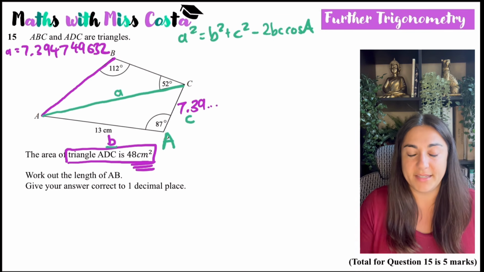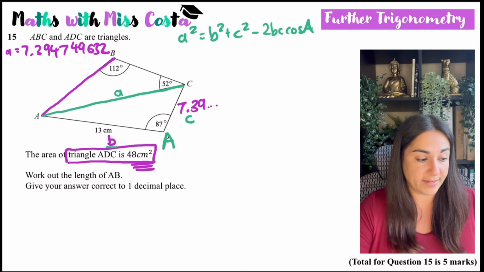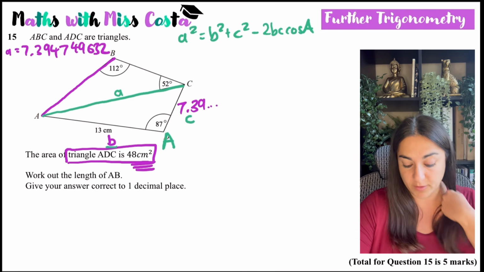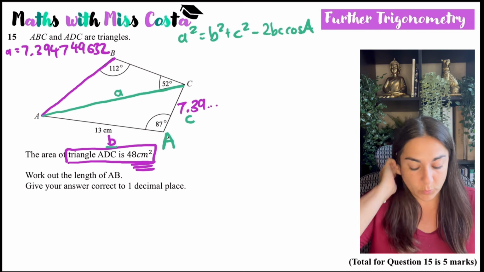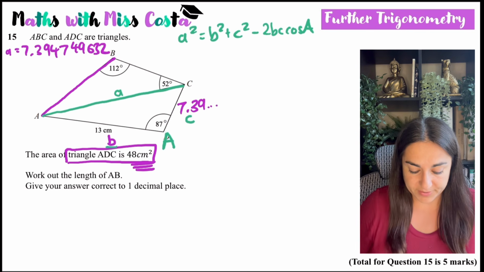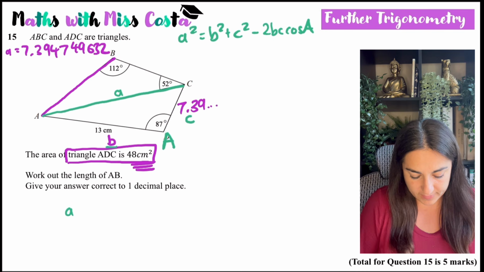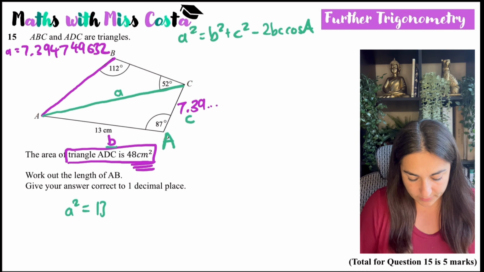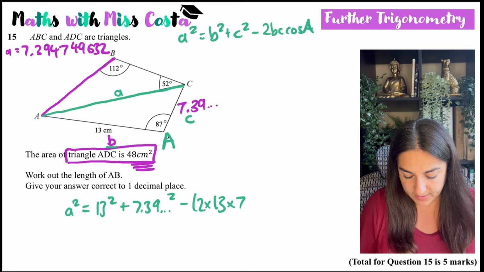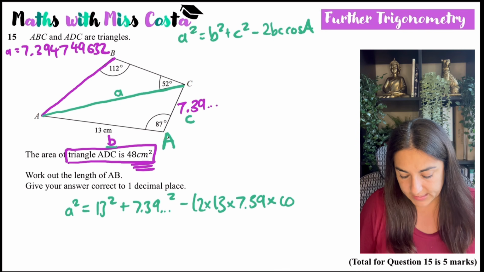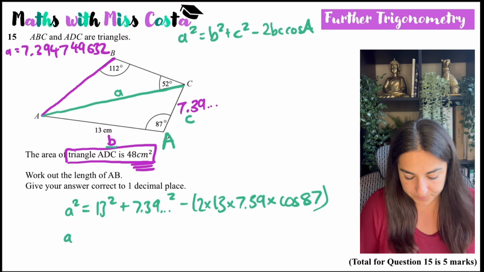So remember, with the sine and the cosine rule, you can rewrite your triangle however you want. Even though it says that that angle is D, you can relabel it as A, because we're always working with the trigonometric ratios. So I know that a squared is going to be b squared plus c squared, which is 7.39, but you can save that in your calculator, squared, take away 2 times b, which is 13, times 7.39, times cos 87.